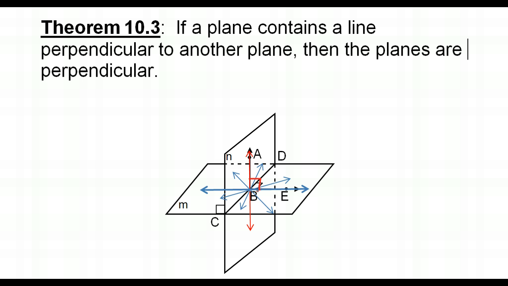So if I measure the angle, the dihedral angle, that's a right angle. It's 90 degrees. It's a right angle because this red line forms a right angle with all of these. But the one we're specifically interested in is BE, because BE and AB form an angle ABE, which is actually the measure of the dihedral angle itself.